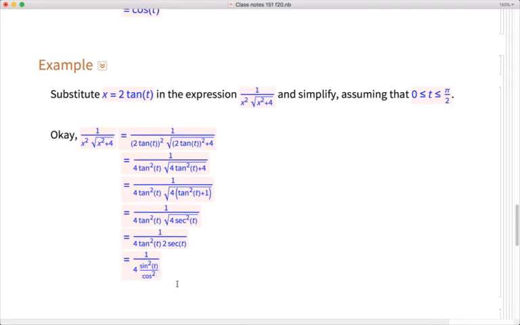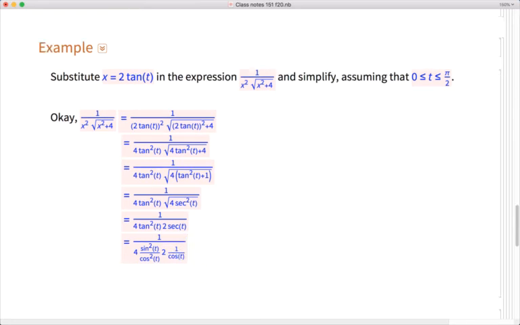Oh shoot, my typesetting's going to go south now too. And then this is 2, 1 over cosine t, a horrible compound fraction here. Okay, so things that are in the denominator downstairs are going to flip over and go to the numerator upstairs.